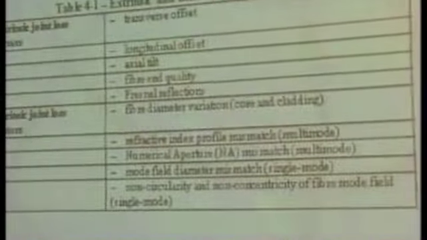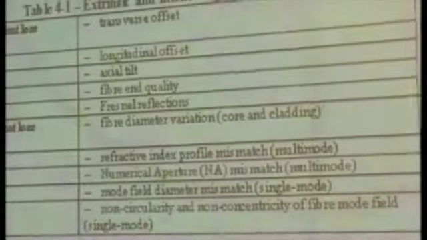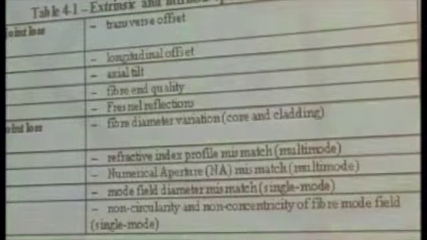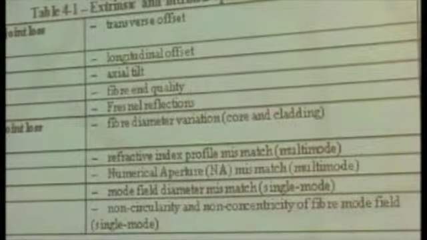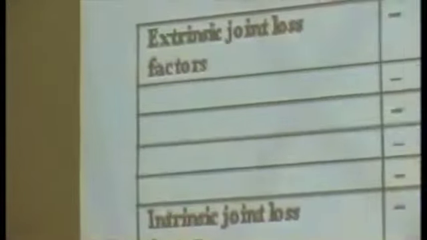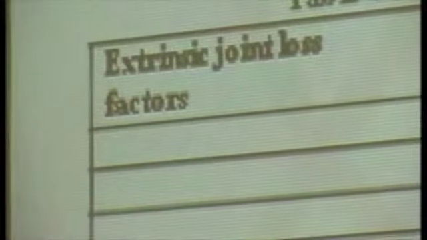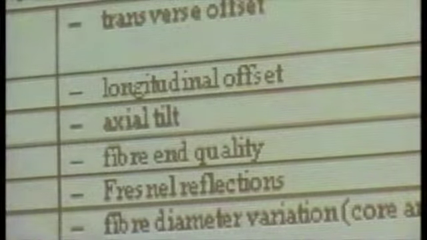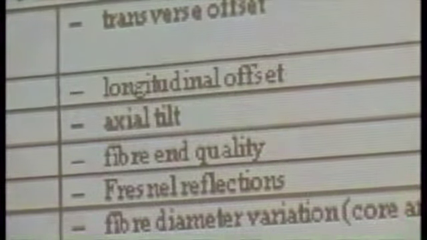If we have extrinsic joint loss factors, someone who wants to understand what's happening needs to see what is happening in the fibers that are together. In the interface, we could have transverse offset. We can find longitudinal offset, axial tilt, fiber end quality, Fresnel reflections.